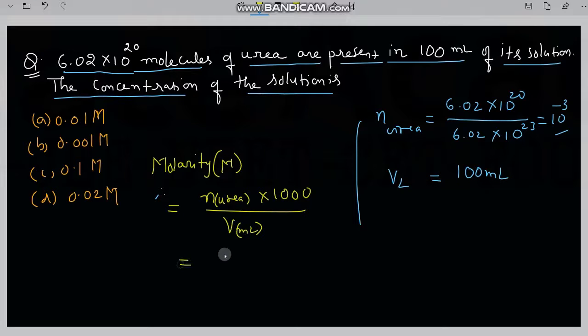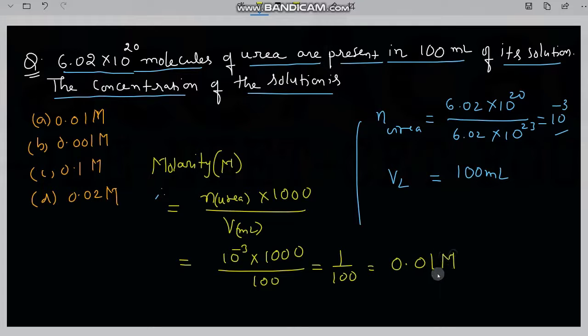The number of moles we got is 10 power minus 3, into 1000 by 100. 10 power minus 3 is 1 by 1000, and 1 by 1000 into 1000 is 1. So it is 1 by 100, that is 0.01, the molarity of that urea solution. So the first option is the right option for this question.